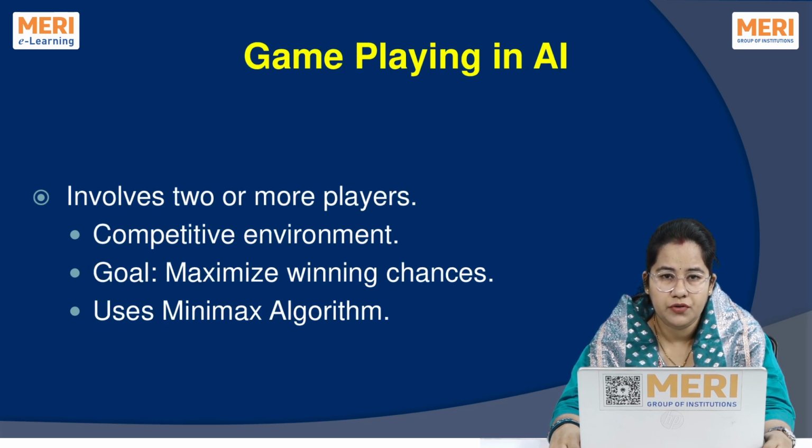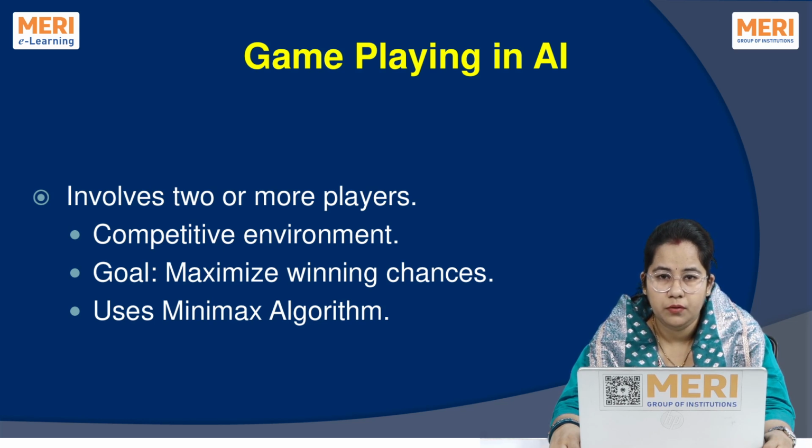Game playing in artificial intelligence involves decision making in competitive environments. In such problems, there are usually two players who take turns making moves. The objective is not only to achieve a goal but also to prevent the opponent from winning. Examples include chess, tic-tac-toe and checkers.